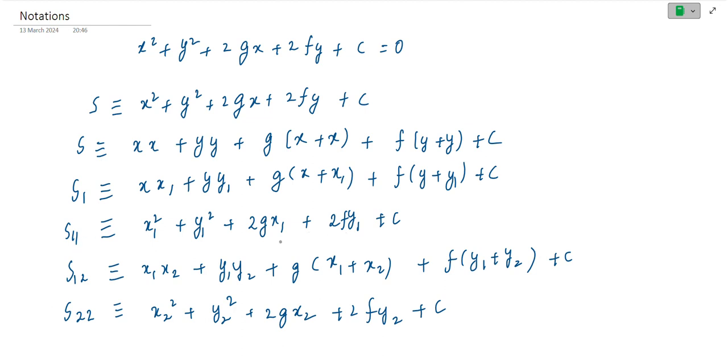I will be using these notations so that S11 means I have replaced both the x's with x1 values. That logic helps me remember this correctly, and I will be using these notations in this entire chapter of circles.